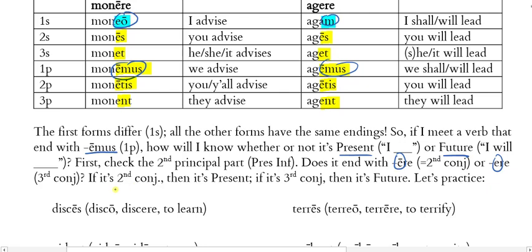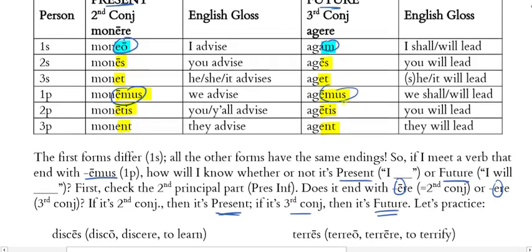That would make it third conjugation. If it's second conjugation, then it's going to be the present tense of the second conjugation form, and I need to translate it like it's present. But if I find out that it's a third conjugation verb, but it's got the long E plus the personal endings, then it's a future, because third conjugation futures look like this. And what you have to remember is that the present tense of third conjugation verbs doesn't have the long E here.